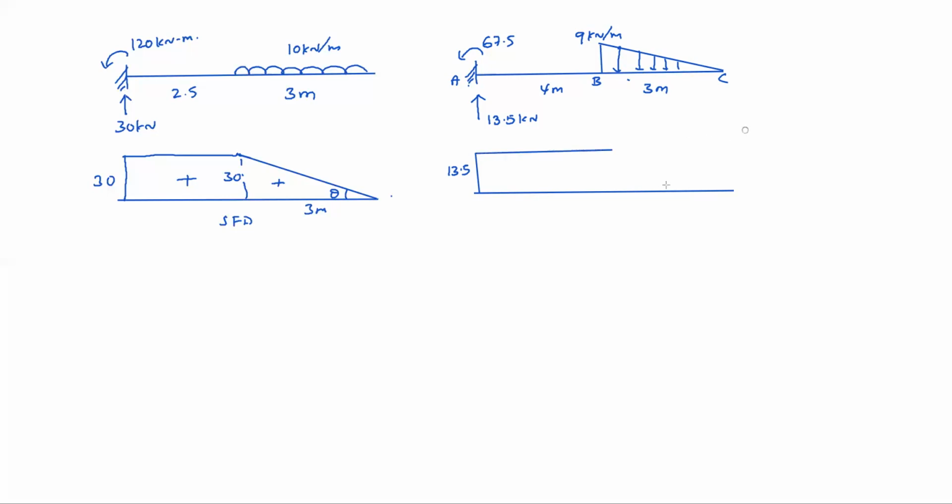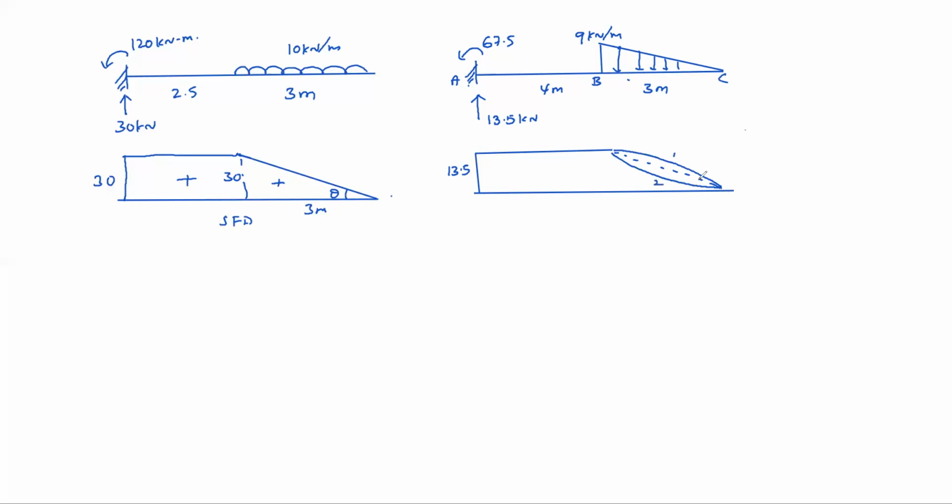Then how to draw B to C? While drawing you should be very careful. You should not draw whatever you want, and you should not draw a straight line. Will you draw like this or like this? Which one is correct?